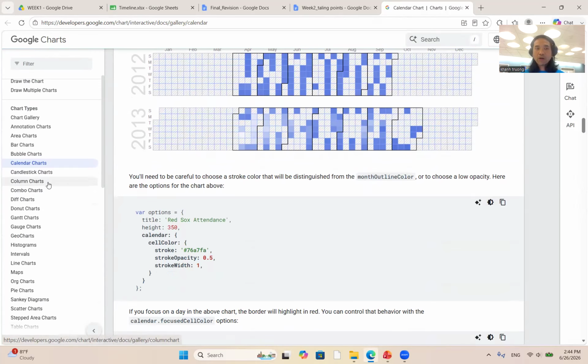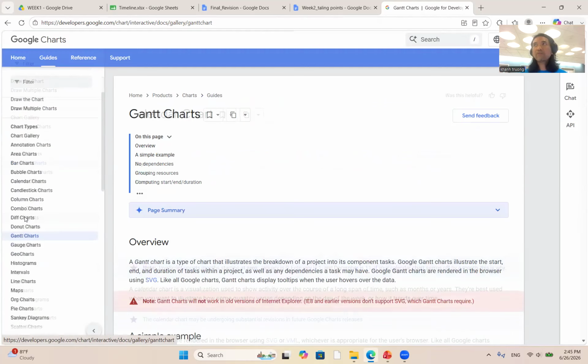They have a different chart. This is probably the list of all the charts available in Google Sheets. And imagine that Microsoft Excel will provide you even more, and their graphs are even more polished and fancy, okay? Like with some of the conditional formatting, you want to do a certain thing, but it's limited. Microsoft Excel has more flexibility.